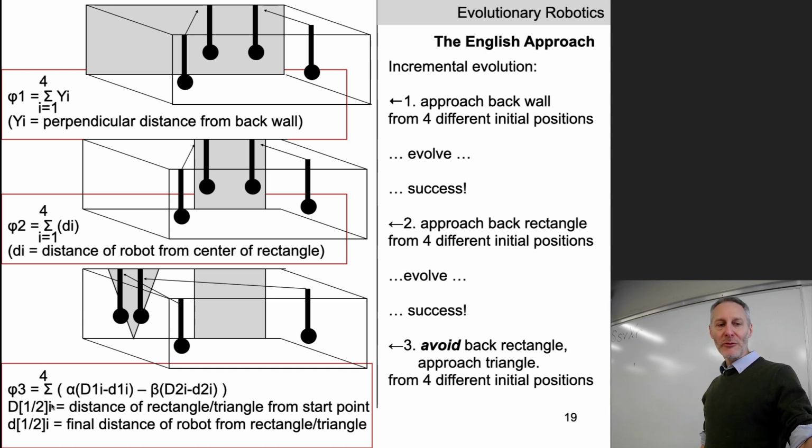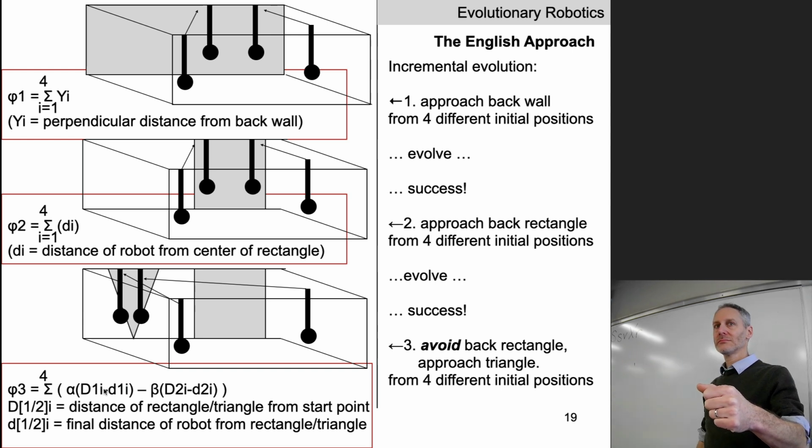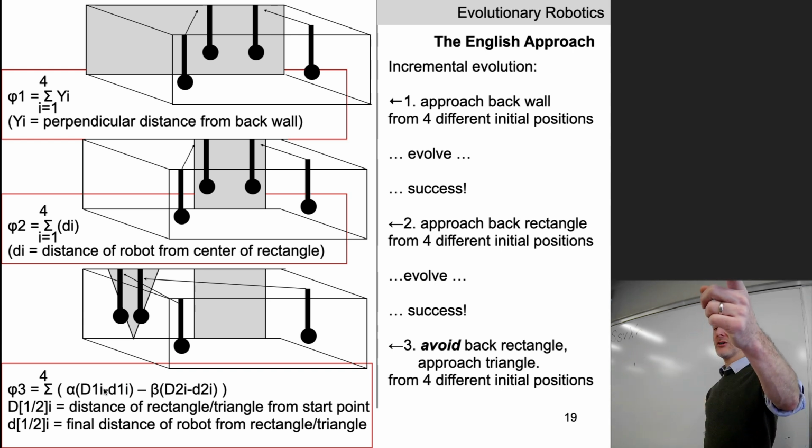You can read off what the definition of these variables are in the first term. What is the first term evolving the robot to do? Imagine there was no second term and we just evolved phi3 with the first term. What behavior are we evolving for in the first term?